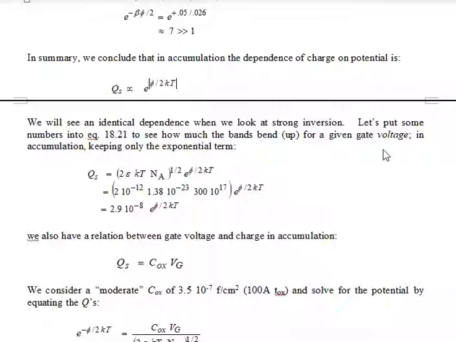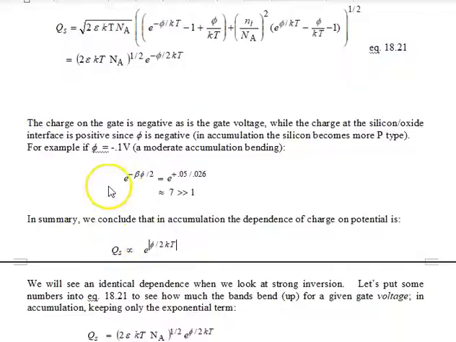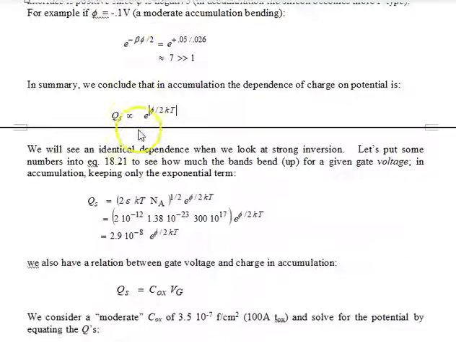How much do the bands bend up? Is it 50 millivolts, 200 millivolts? Let's see. We can find that out by simply doing the first equation we have right here. We just rewrite that.